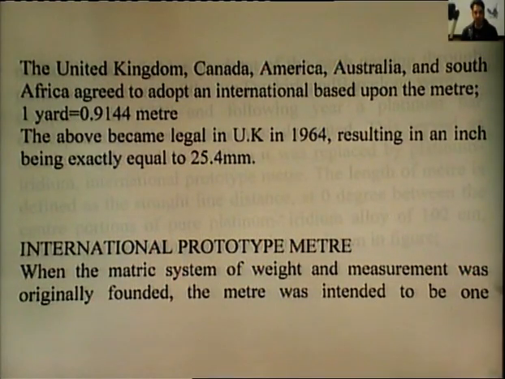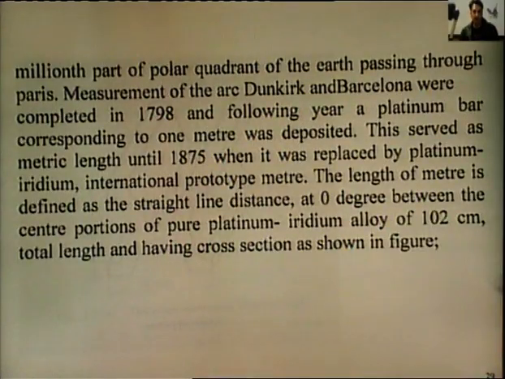So next we discuss the international prototype meter. When the metric system of weights and measures was originally founded, the meter was intended to be 1 millionth part of the polar quadrant of the Earth passing through Paris.